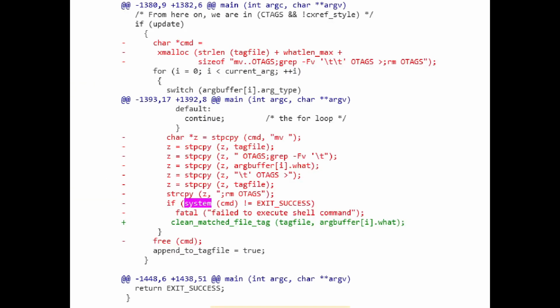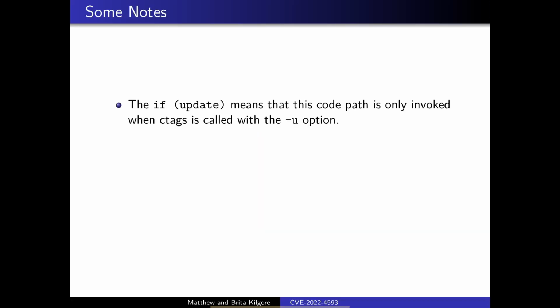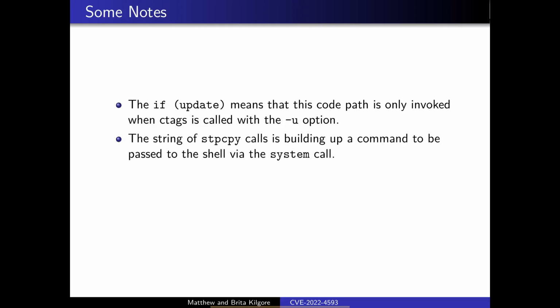Searching through that commit for the call to system, we find that this is the region which introduces the vulnerability. The if update means that this code path is only invoked when Ctags is called with the -u option.